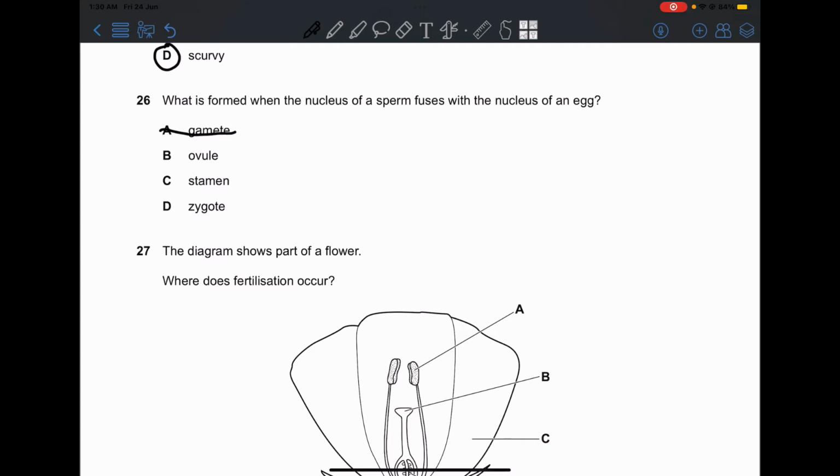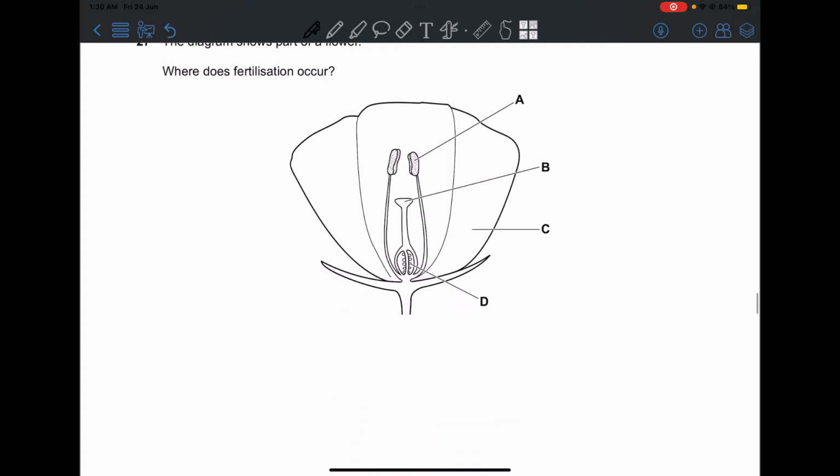So it's considered to be something like a gamete, so of course not. The stamen is the male reproductive part of the flower in the plant, so no. Zygote actually is going to be our answer because it has two sets of chromosomes. So this is going to be our answer.